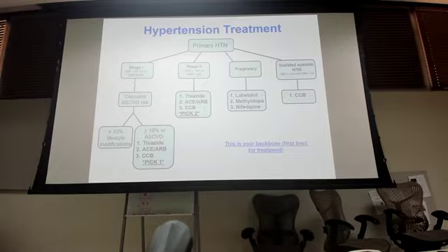But you will not combine ACEs and ARBs. We'll hit that a little harder later, but I just want to make clarification on the slide. That is one of those 2. And then there's certain comorbidities, certain genetic profiles, different things that we say these work better or don't work better for.